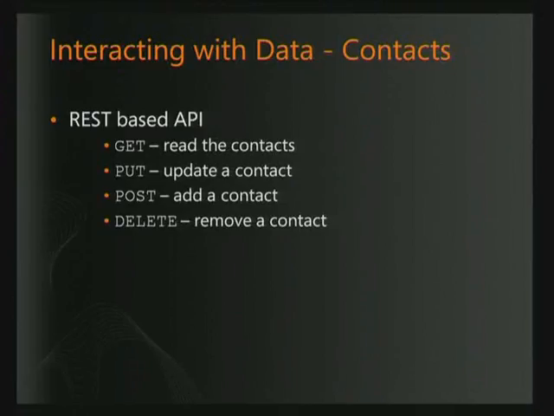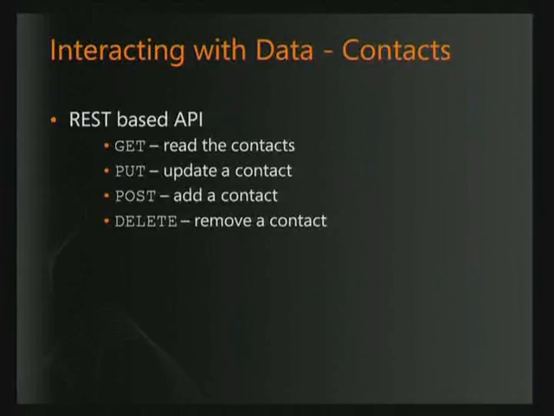So we can read all of the contacts, or read a subset of the contacts, like the one contact, or we could read a specific field out of the contact. We could put, so we could update an existing contact, post to create a new contact, and then we could delete as well, and this will just remove the contacts.